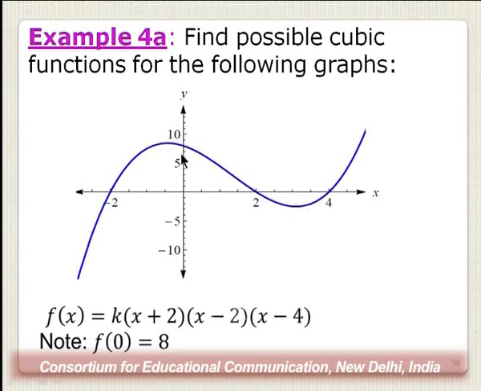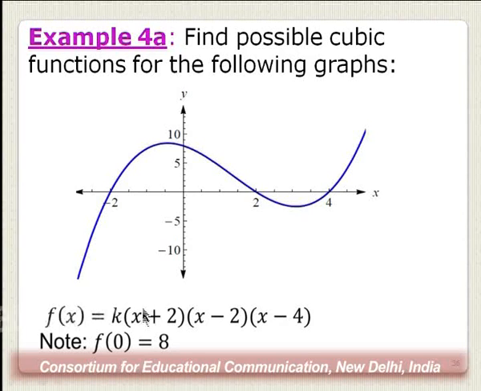Now, if you look at this graph, the value of the function at x equal to 0 is 8. F of 0 is 8. So if you notice here, this point 0 comma 8 has to satisfy this function. Okay, so if I take k as 1 and I were to calculate f of 0, I would get 2 times minus 2 times minus 4, which is minus 4 times minus 4, which is 16.